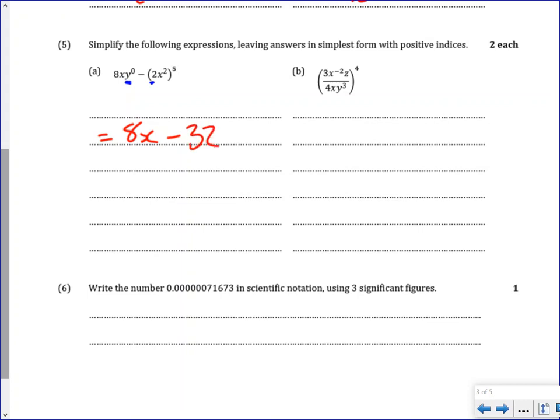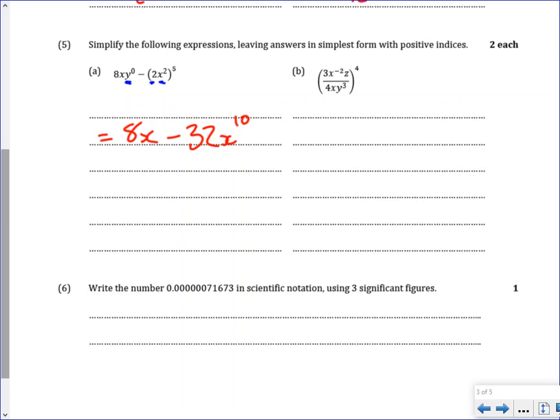And then we have x to the power of 2 to the power of 5, where we multiply the powers, so x to the power of 10. And we can't do anything further from there because, again, they're not like terms. We cannot just do 8 minus 32 and write that as x to the power of 9. That won't work.